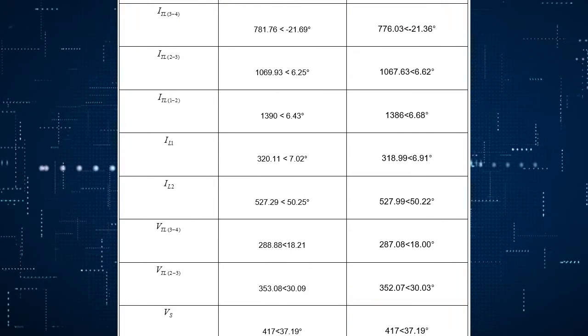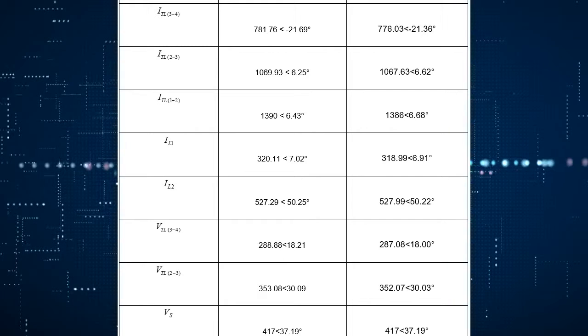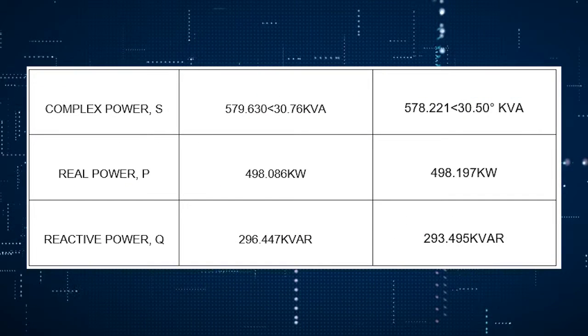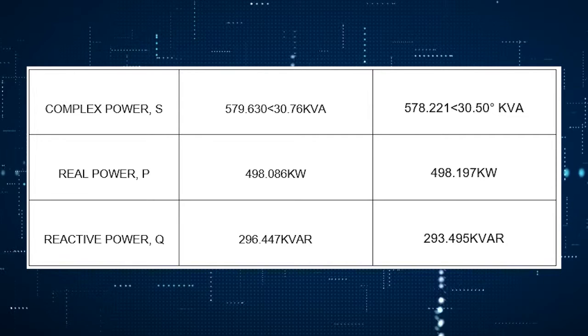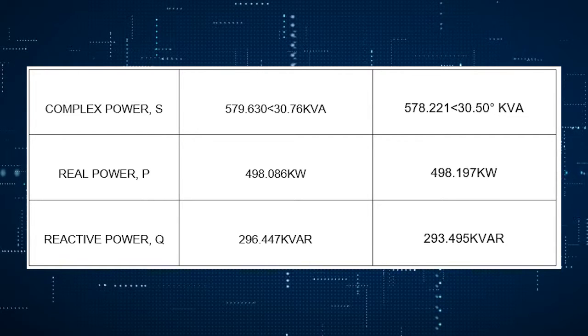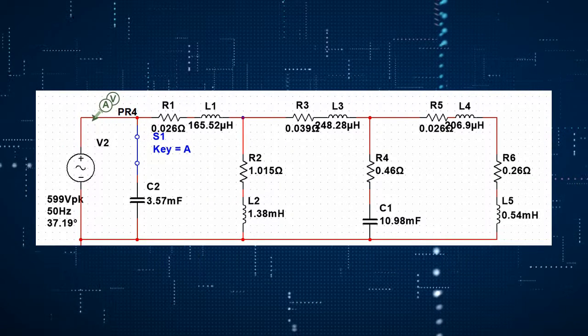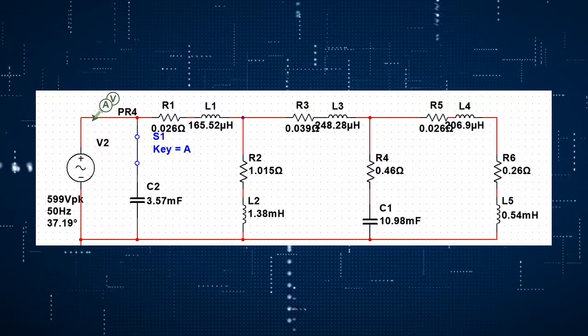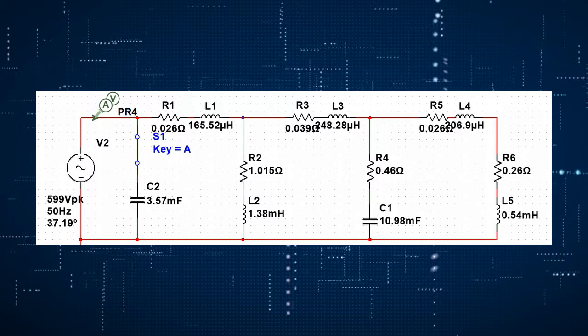And this is the data that we have collected from the calculation part and the simulation part. There is only a slight difference between the calculation result and the simulation result. For the power factor correction, the switch is turned on. This is to make the capacitor parallel to the power supply.